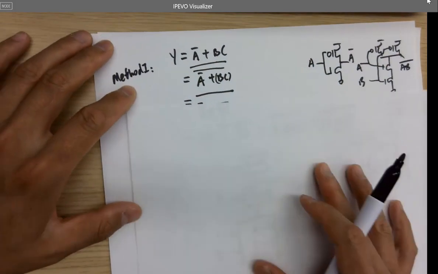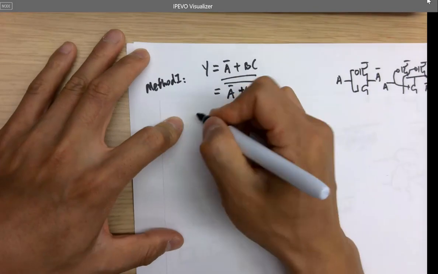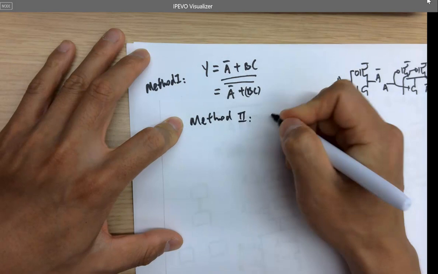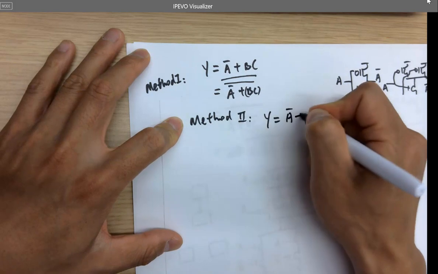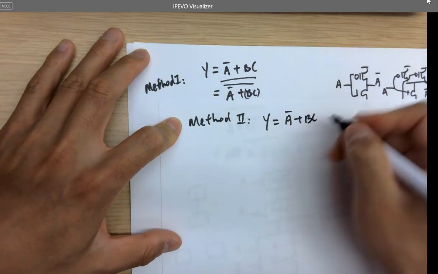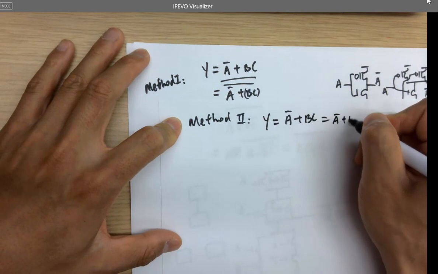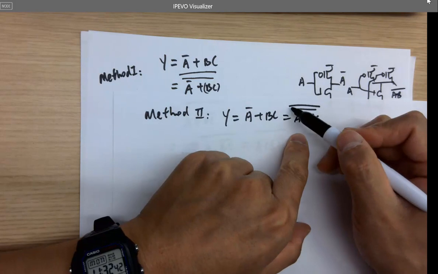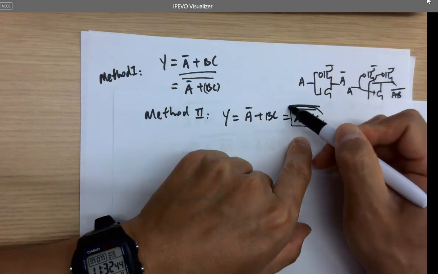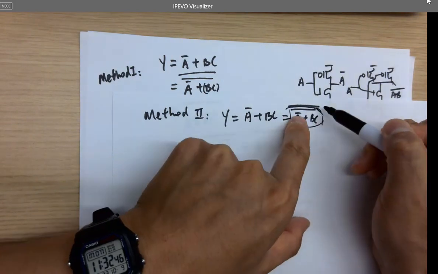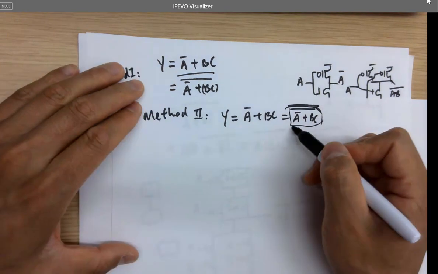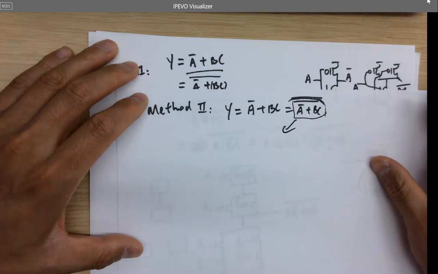So what if we do this? Y equals A not or BC, which equals A not or BC not, not. And now we just look at this one. So we just design a CMOS logic with this one, then we add an inverter afterwards. It's going to do the same logic, right? And now let's see which one has fewer transistors.